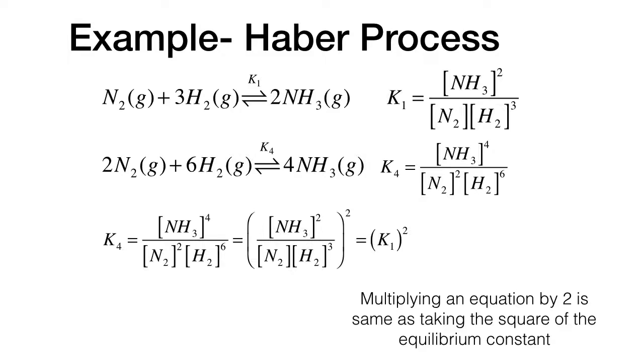When we multiply the equation by 2, it is the same as taking the square of the equilibrium expression and square of the original equilibrium constant.